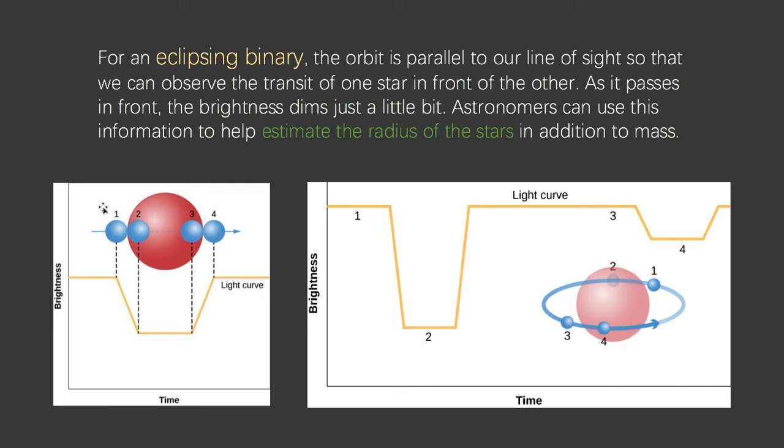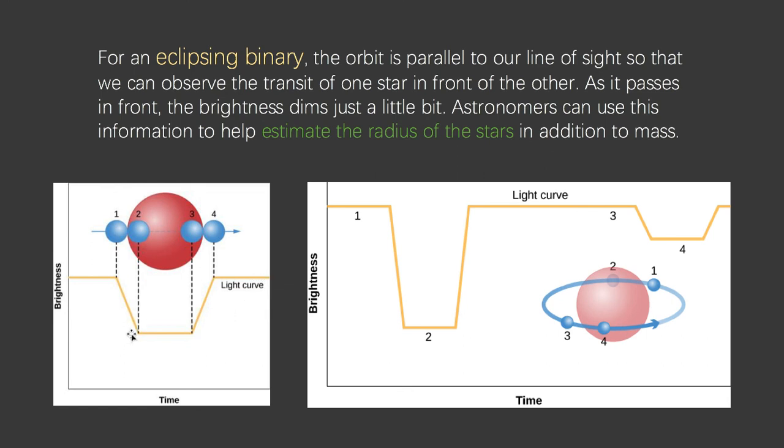And then when we watch it, we can see the brightness of the star system dim because some of the light from one of the stars is being blocked during the eclipse. So if you record the light coming from a star over time, its brightness will be over here, and then it will drop down, reach some minimum level while one star is completely in front of the other, and then it will ramp back up and go back to normal.